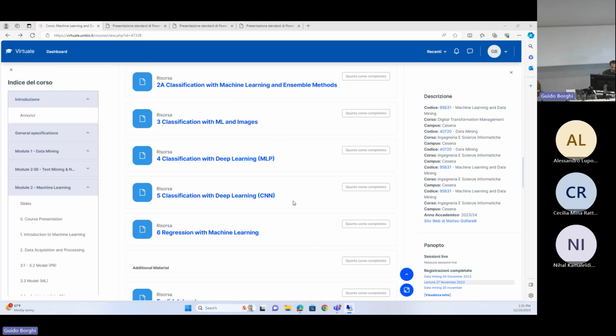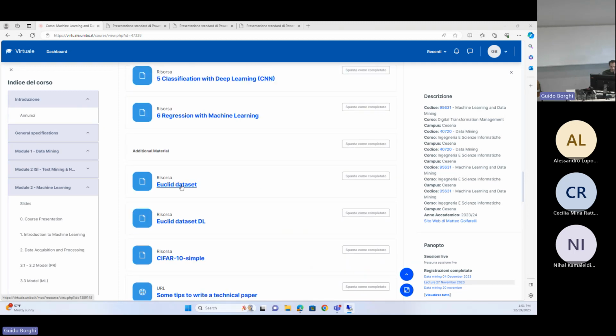You have to download also the Euclid dataset and the Euclid dataset DL, that is a special version of the Euclid dataset with more training data. In the Euclid dataset, we have, if I remember well, 800 training samples, while in the Euclid dataset DL, we have several thousand training data. And then we can try to use this dataset for our exercises.